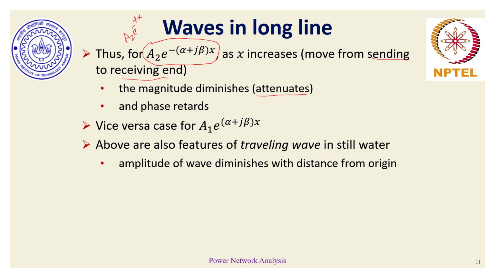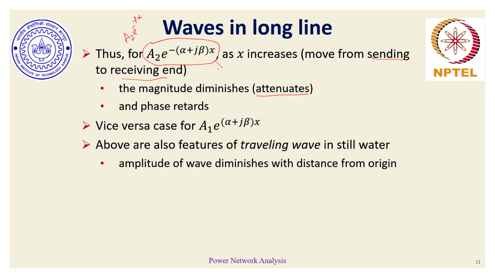If a pebble is thrown in a pond having still water, then from the point where the pebble is thrown, waves start appearing, and as these waves move away from the point of disturbance or the point where the pebble hit the surface of the water, the wave's strength starts diminishing as they move away from the center. This is exactly the phenomena involved behind this wave, a2 into e to the power minus gamma x.